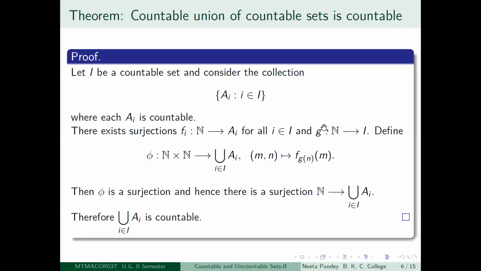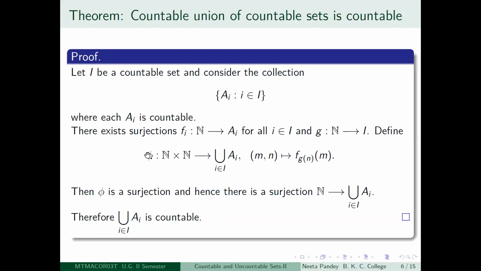So there is another surjective mapping. You will be able to get a surjective mapping g from the set of positive integers to I also. So now use these f_i's and g to define a mapping from N cross N to the union of all the A_i's. How do you do that?